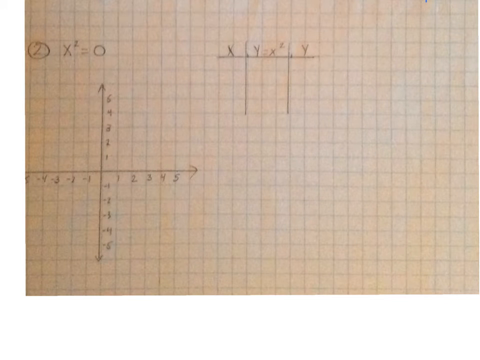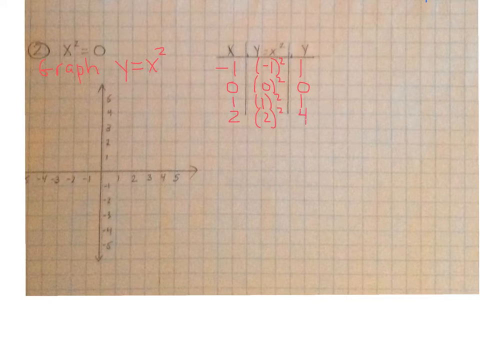Okay, example 2 just has x squared equals 0. So just like we did previously, we're going to graph y equals x squared. So when we go over to the table, I'm going to use the same numbers that I used in the problem above. -1, 0, 1, and 2. -1 squared is 1, 0 squared is 0, 1 squared is 1, and 2 squared is 4.